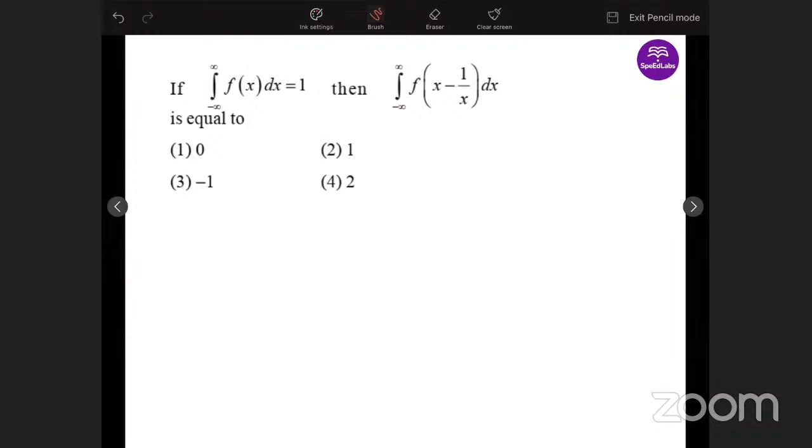That's wrong. Divya, any idea how to solve?